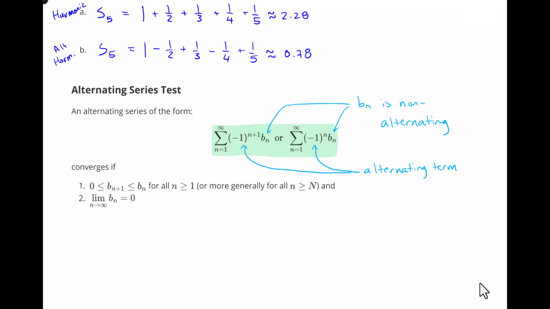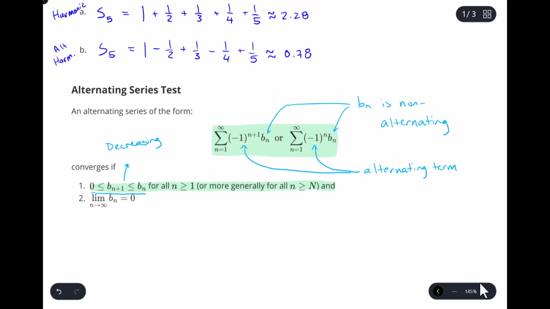So it says it converges if b sub n+1 is less than or equal to b sub n for all n greater than or equal to 1. Actually, that doesn't have to be greater than or equal to 1. It can in general start at some finite point along the sequence, and if it's decreasing from there on, that's fine. So this just tells me that the sequence is decreasing.